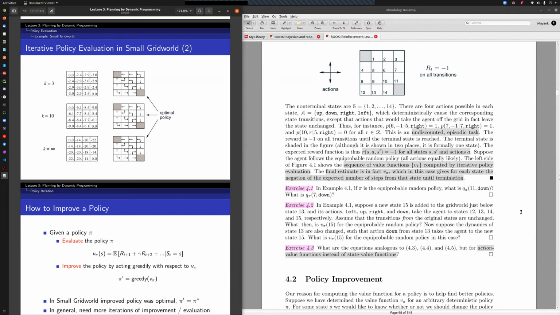That will add another equation to our system of equations if we solve it like I showed in the previous session by solving the system of linear equations, or if you treat it as an iterative process, then you would do similar updates to state 15, but it is just defined in terms of states 12, 13, 14 and itself, and this is determined by the transition probability.